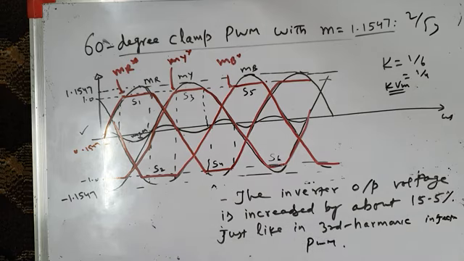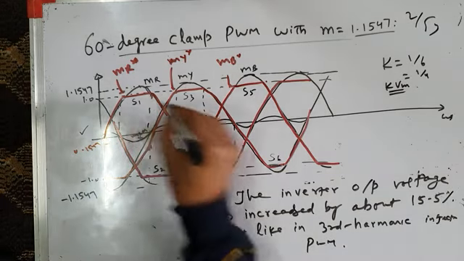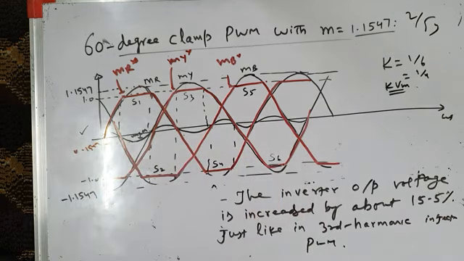Whereas the inverter output voltage is not increased in the previous case of the 60 degree clamp PWM technique that we discussed before this. But in this case, 60 degree clamp is achieved and simultaneously the inverter output voltage is increased by 15.5%.